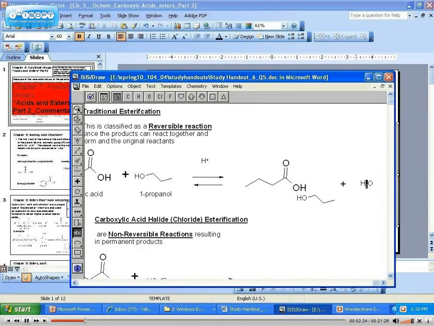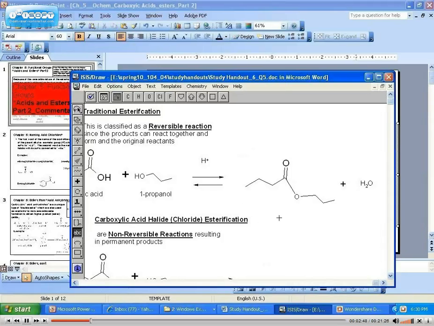And the leftover oxygen and then hydrogen will come together and form a brand new ester bond. So here is our brand new ester.